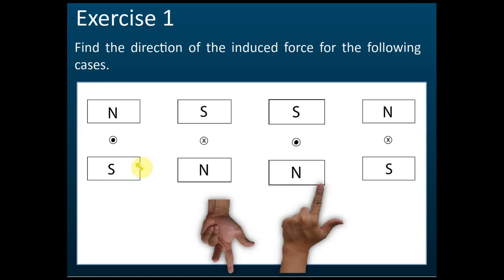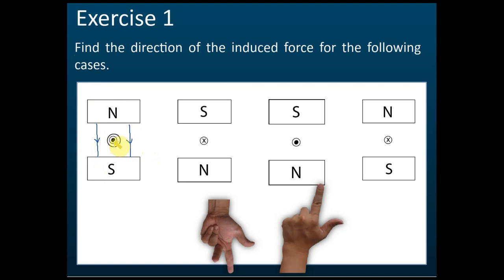The very first thing is you must tell the direction of the field. The field always moves from north to south. Now this circle with a dot shows the conductor, and it tells the direction of the current.